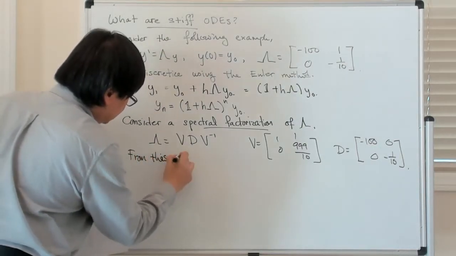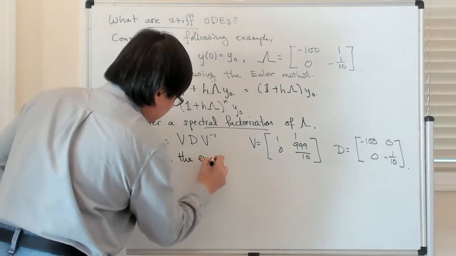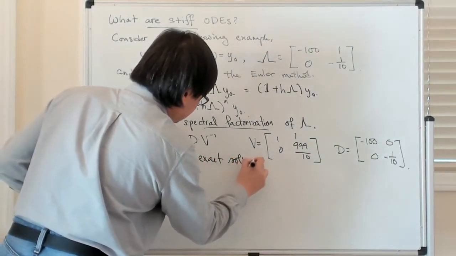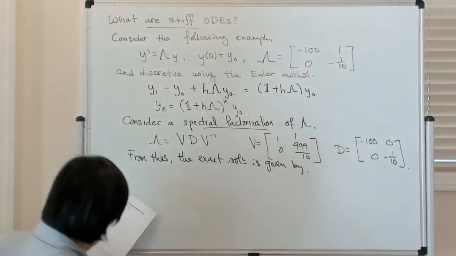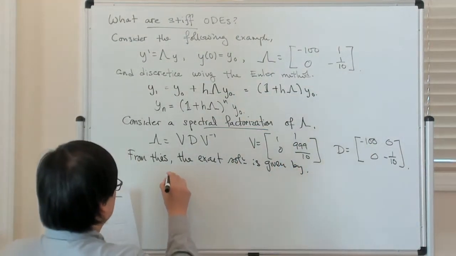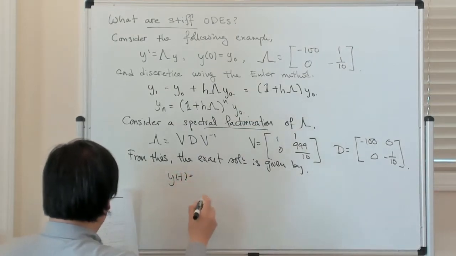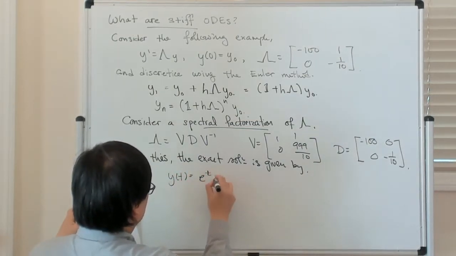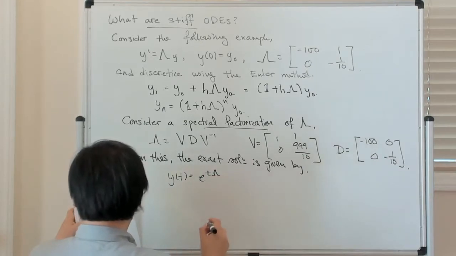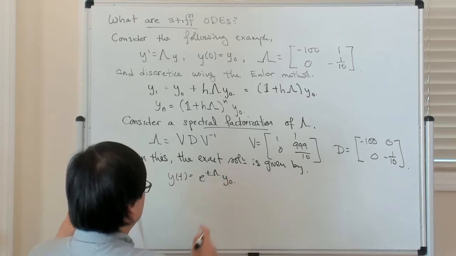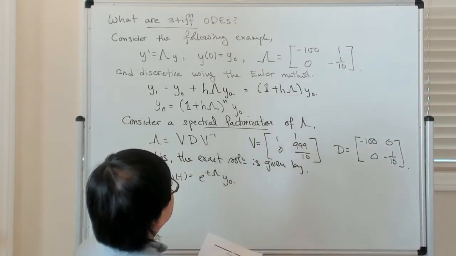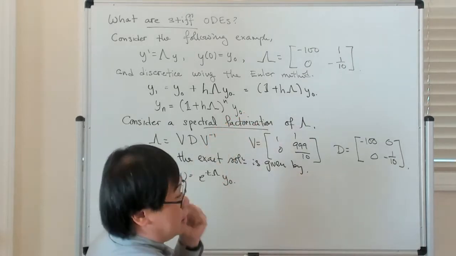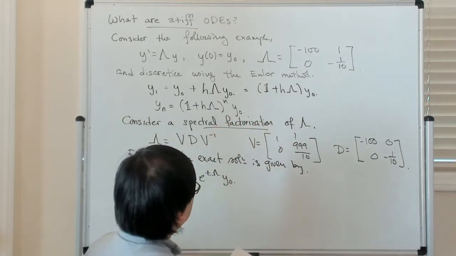The exact solution is given by the following: y of t is equal to e to the t lambda applied to y0. This is just the general form of the solution of an autonomous linear differential equation.